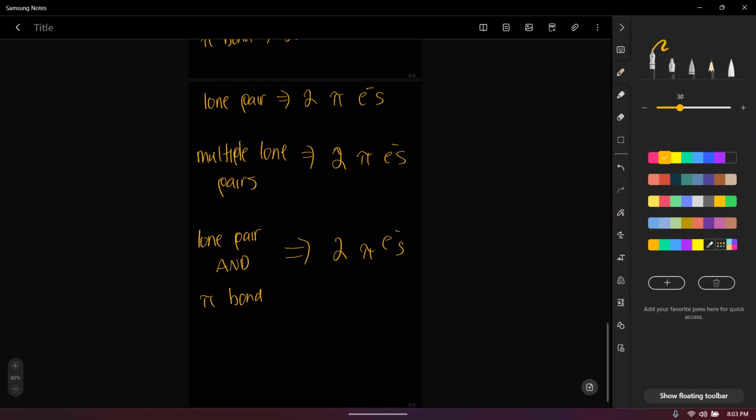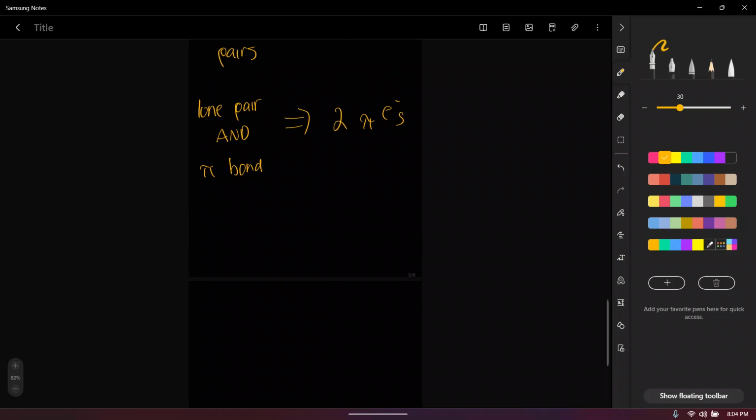Alright? So we already said that this molecule right here was aromatic. Okay, but if I would have had this molecule right here, this thing would not be aromatic.